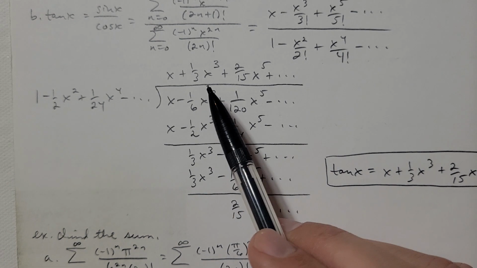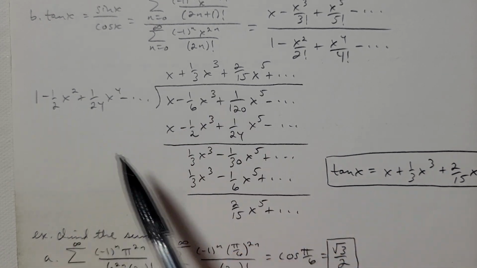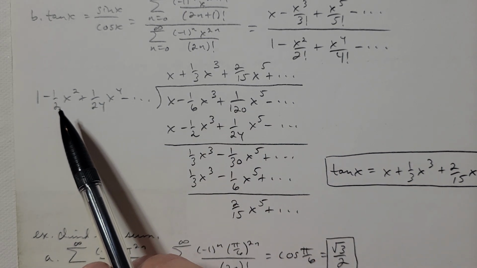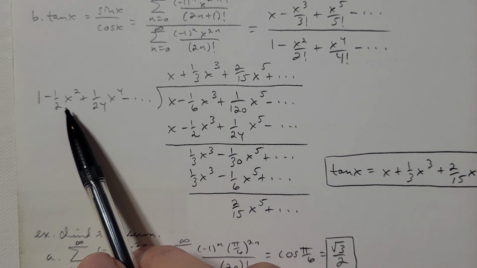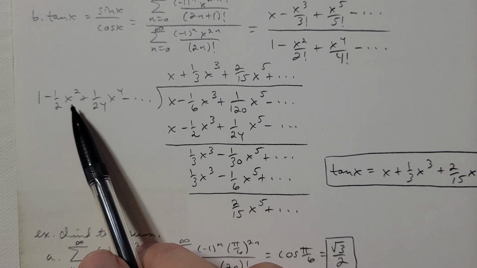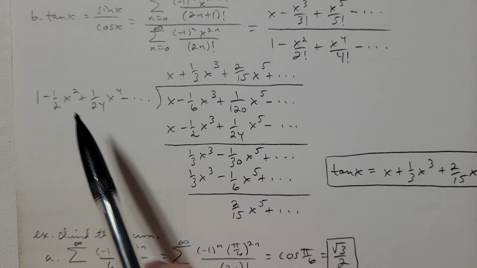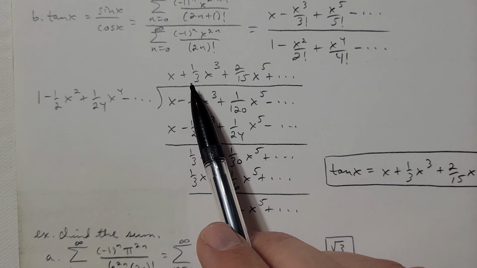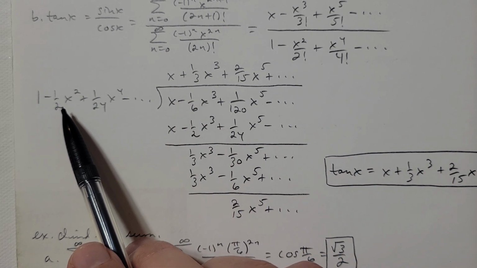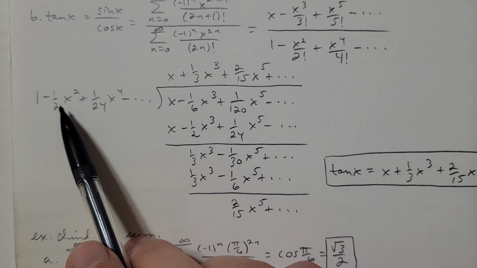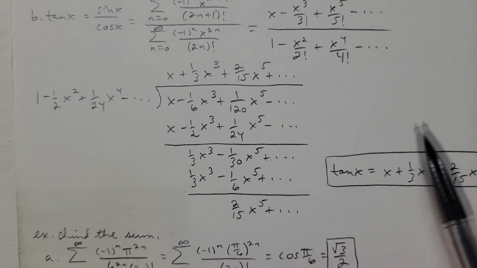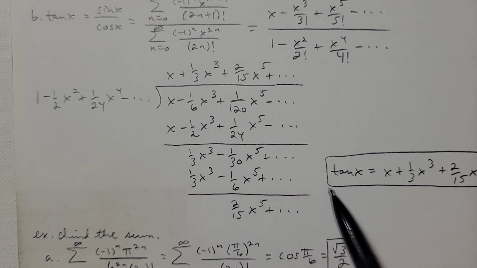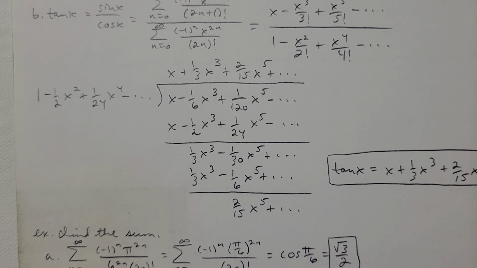So 1/3 x cubed times 1 is 1/3 x cubed. 1/3 x cubed times negative 1/2 x squared: x squared times x cubed, I keep the base and add the powers, that'd be x to the 5th. 1/3 times negative 1/6 times negative 1/2, that'd be negative 1/6. Okay, and then plus, etc. I don't really care what the rest of this is.